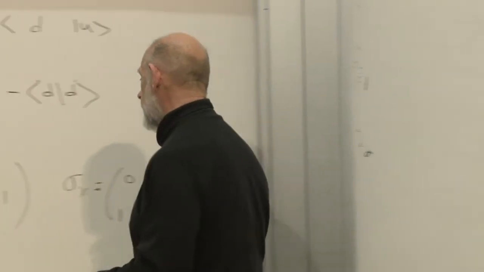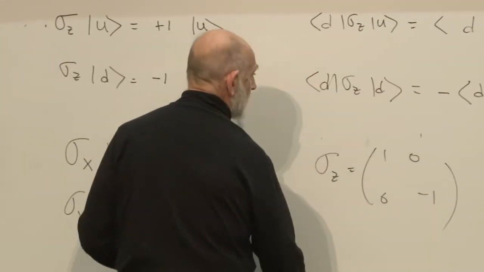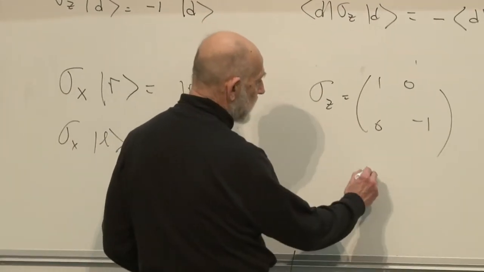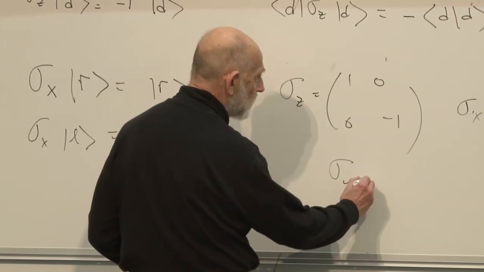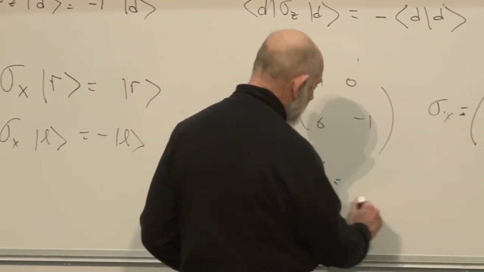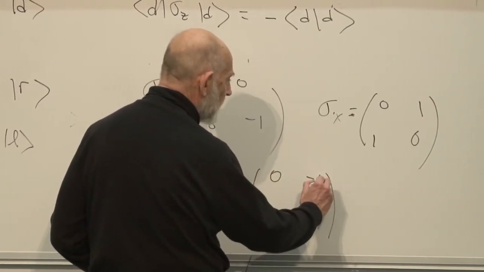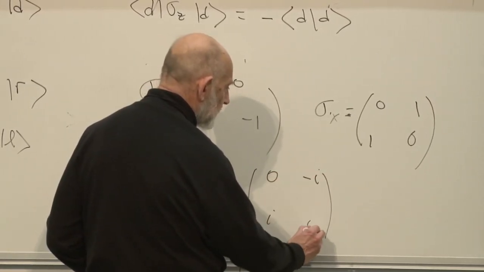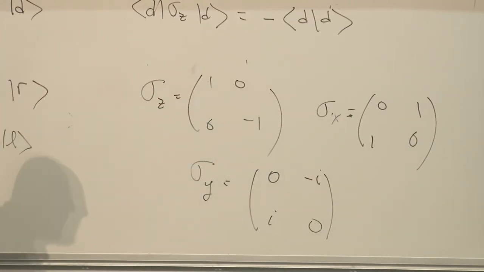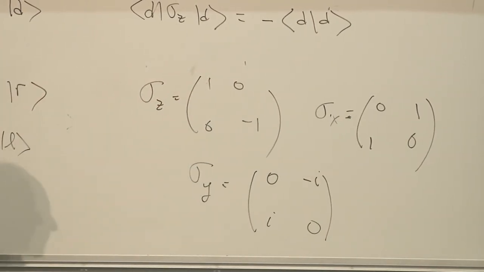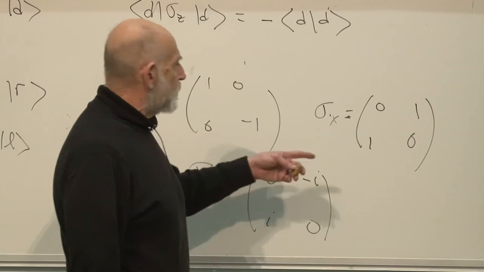The last one in the multiplet here, now I am writing sigma y. It's similar to this one, but it's 0, minus i, i, 0. All right, so a little exercise. You don't really need to prove this.